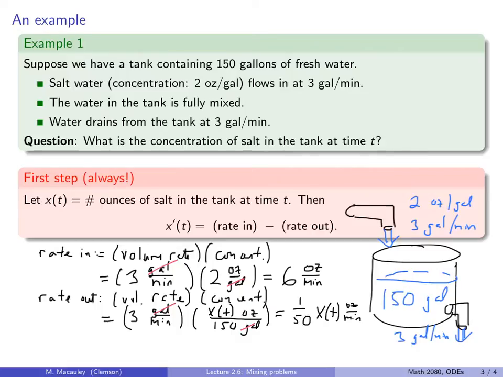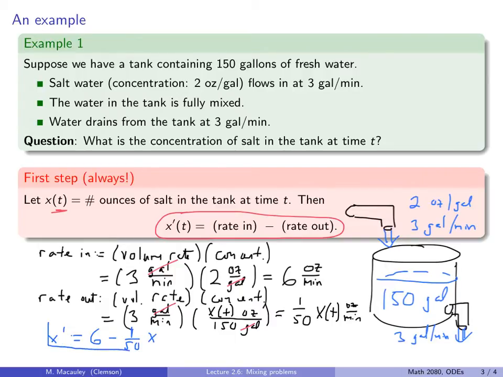So now let's write a differential equation whose solution gives us the x of t that we're looking for. x prime equals rate in, which is 6, minus rate out, which is 1/50 x.